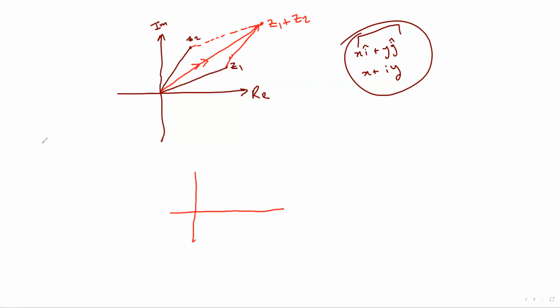What happens for multiplication is interesting. For example, if this is Z1, and if this is Z2, let me show you how to find Z1 Z2 here first, and then prove my claim, right? Say this is the number 1, the number 1 on the real line.